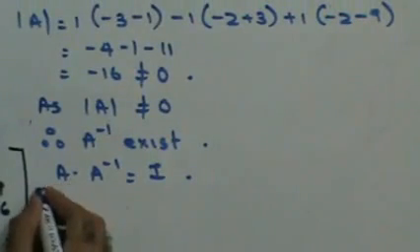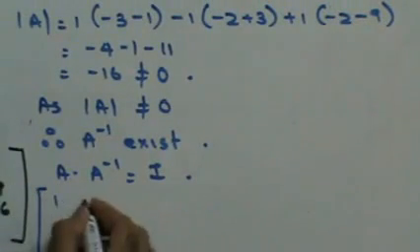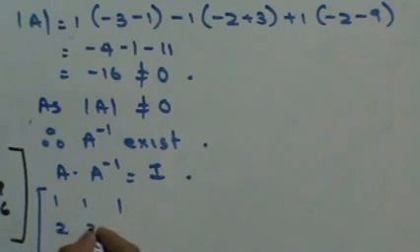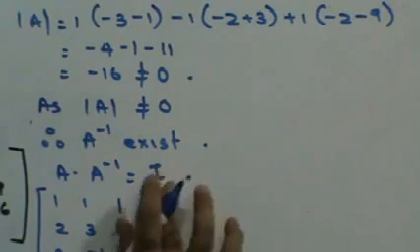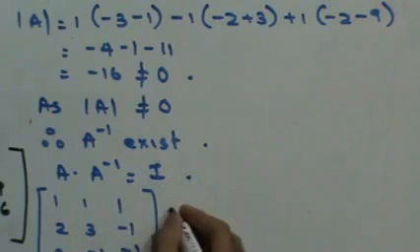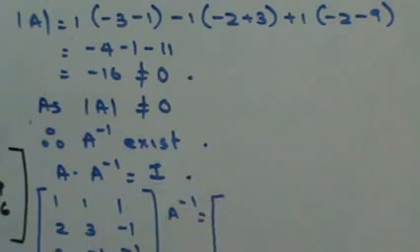A, we have found out as [1, 1, 1; 2, 3, -1; 3, -1, -1] into A inverse is I. I is [1, 0, 0; 0, 1, 0; 0, 0, 1]. Right? Now I need to make A into an identity matrix.